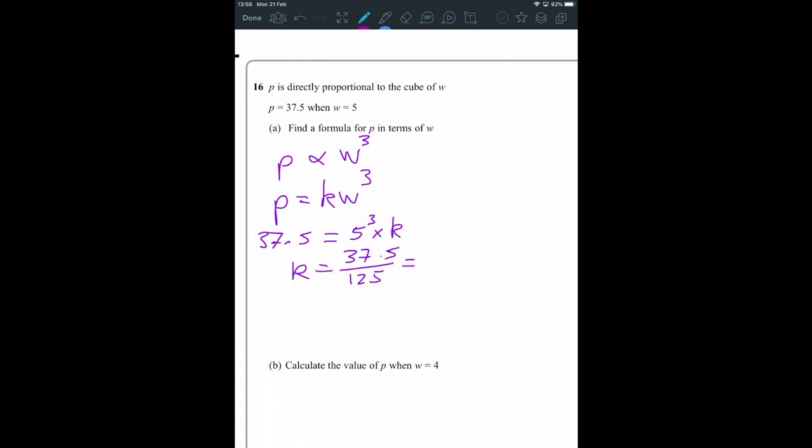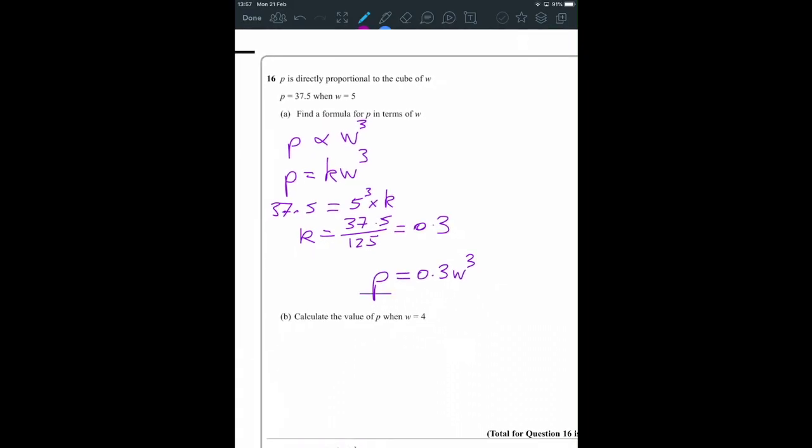That's going to simplify a lot, but I'm going to do that in my calculator. So that was 0.3. The question wanted a formula for P in terms of W. So I need to have P and W both in that formula, but not K. Calculate the value of P when W is 4. And now I just sub it in. 0.3 times 4 cubed. In my calculator, 0.3 times 4 cubed comes out as 19.2.